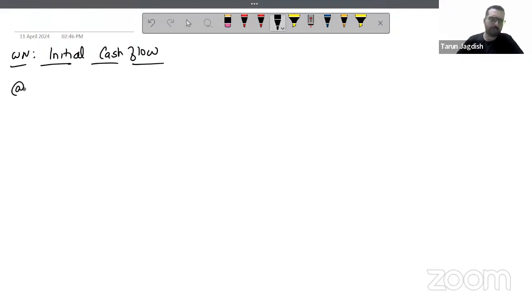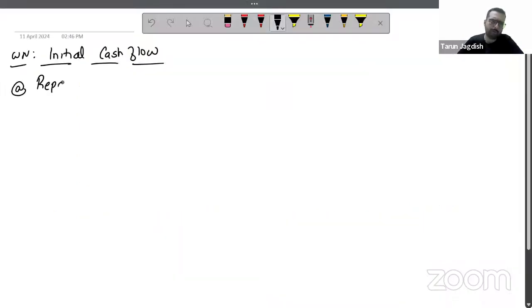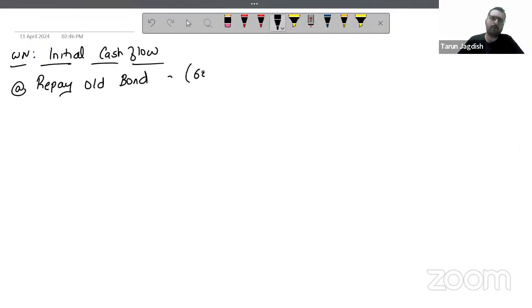Point number A. So now tell me, initially what is going to happen? You will repay the old bond. For how much? 600. You will receive funds from the new bond.